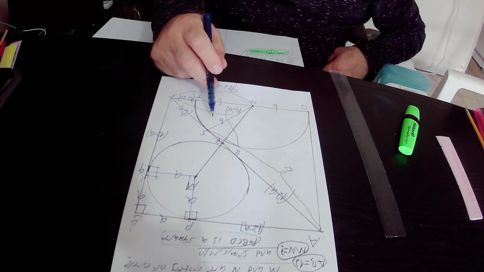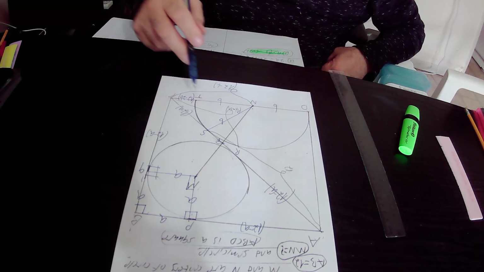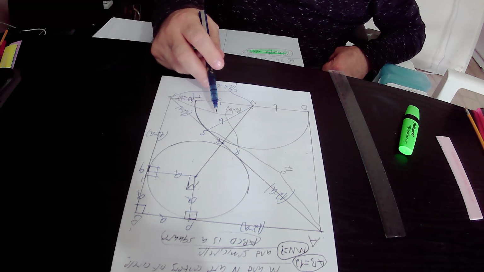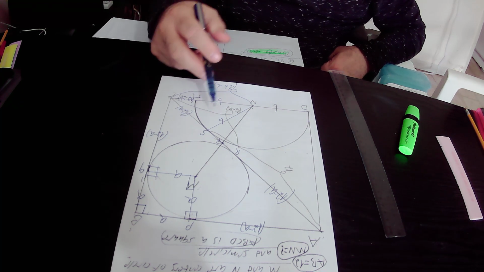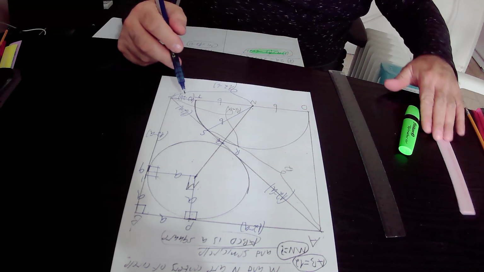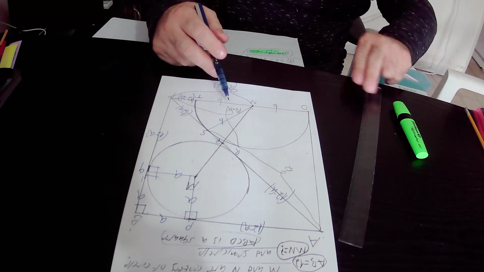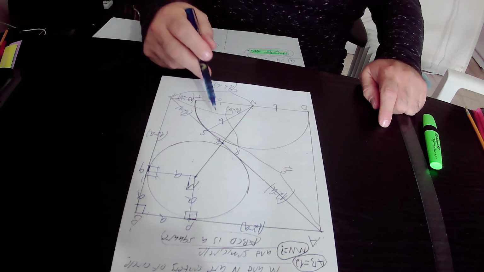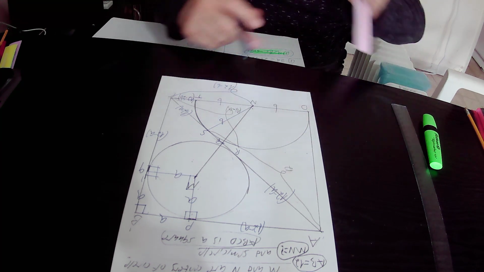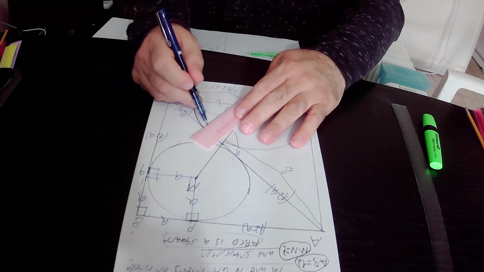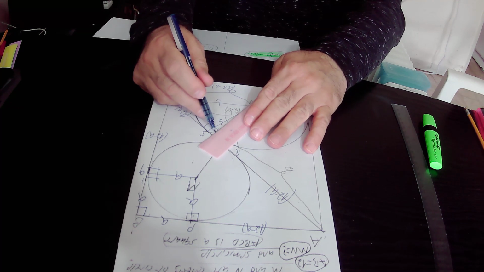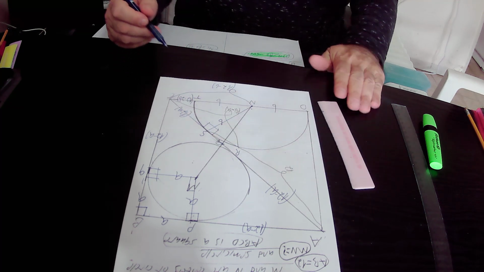The radius NS is drawn to the point of tangency, that is point S, the point of tangency of tangent AC with this semicircle. Because the radius NS is drawn to the point of tangency, according to rule number 2, the tangent AC will be perpendicular to this radius NS. That is to say, this angle will be equal to 90 degrees according to rule number 2.